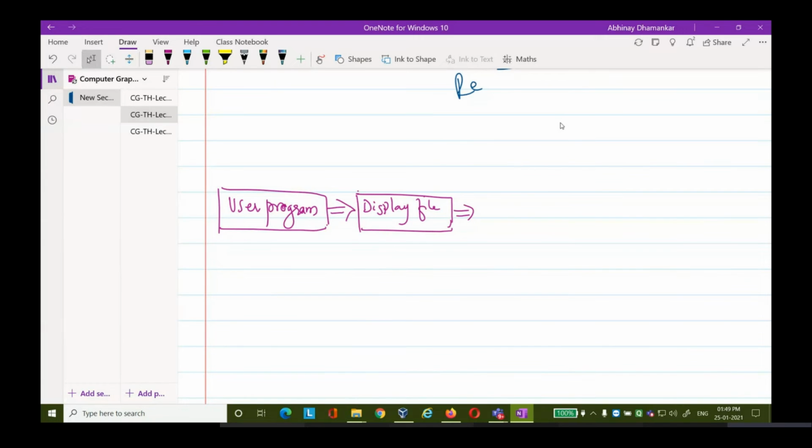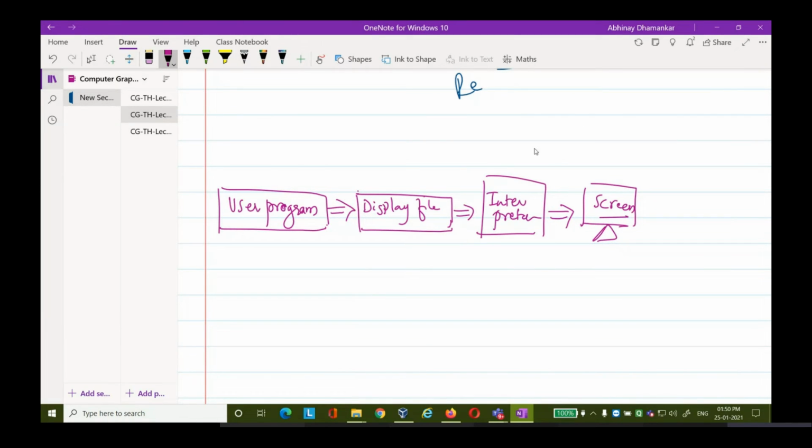The display file will then go to the interpreter, goes under the interpreter, and then it will be seen on the screen.